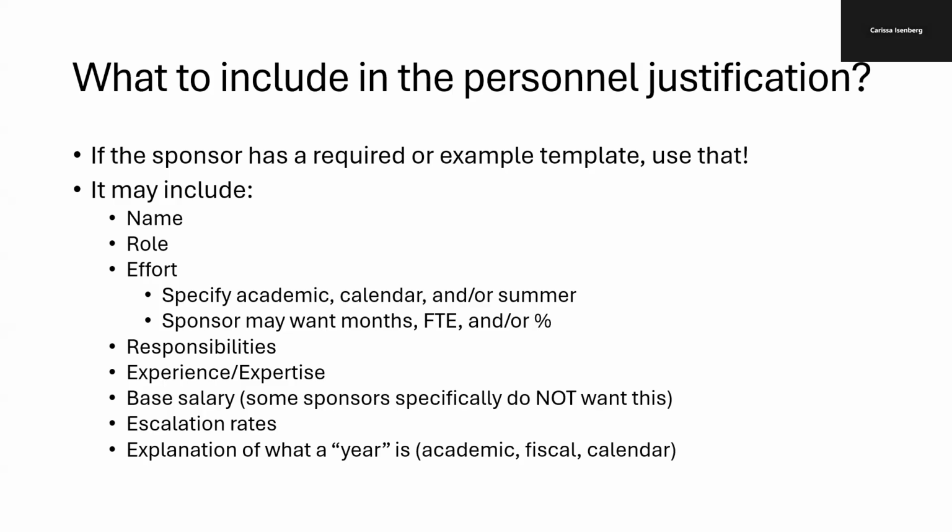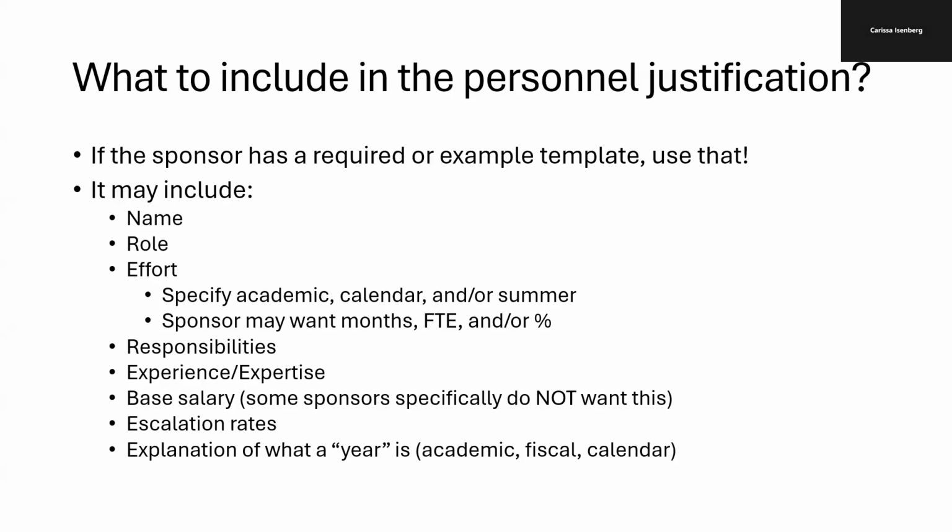You should indicate their role, if that is co-investigator, principal investigator, co-principal investigator, statistician. That should be indicated. Effort should be indicated. And the sponsor will typically tell you whether they want it in months or percent or even FTE, which is full-time equivalent. Sometimes they'll want one or two of these.